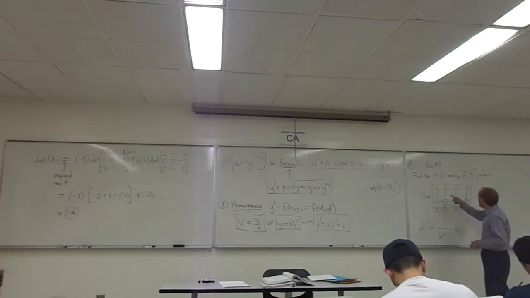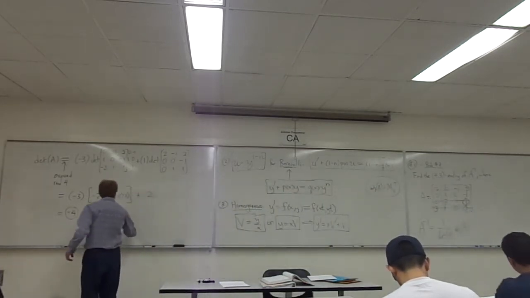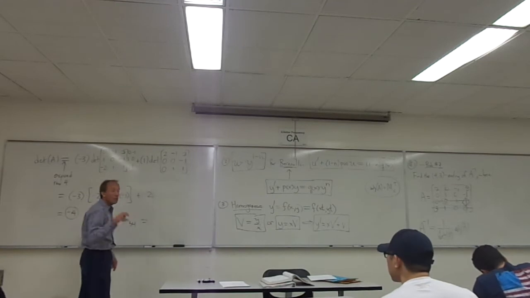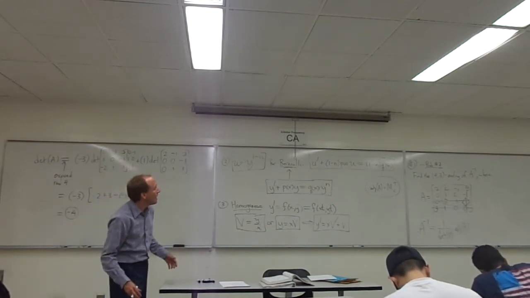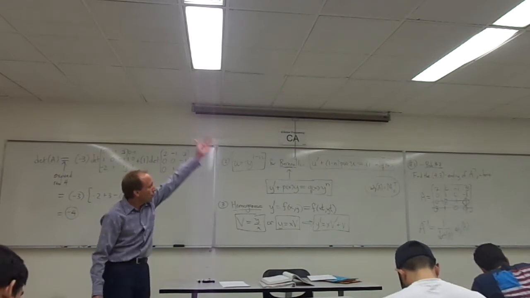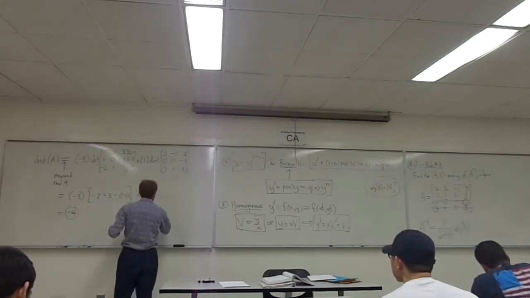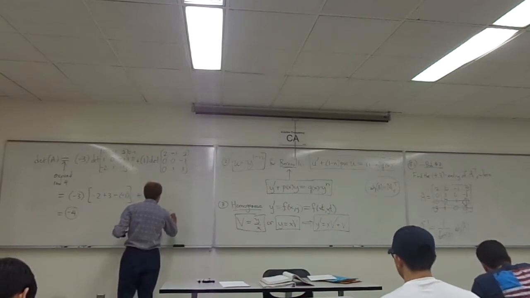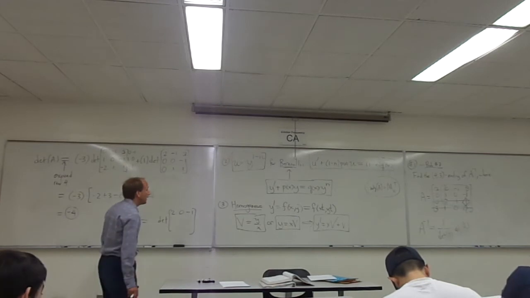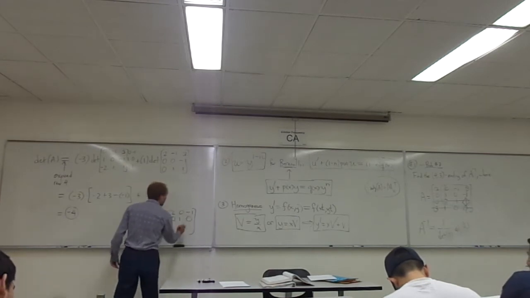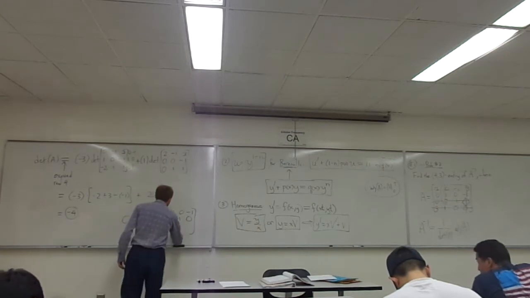I take the remaining 9 numbers, and for C34, I have to take the determinant of the 3 by 3 submatrix that I have just obtained by crossing off the 4th column and the 3rd row. So it's going to be the determinant of 2, 0, -1, and 0, 1, 0, and is that 3, 1, 0?